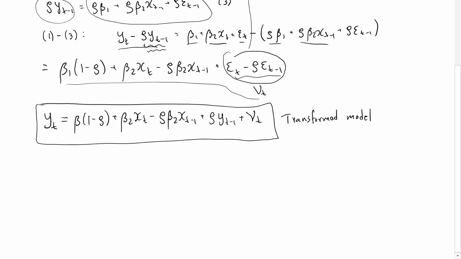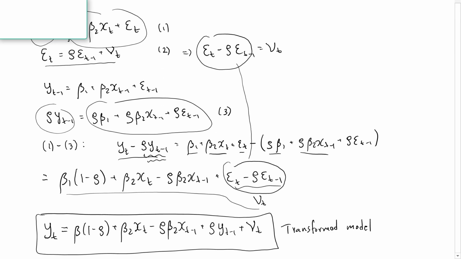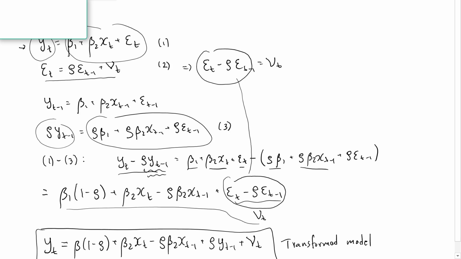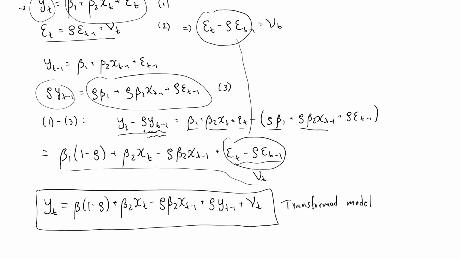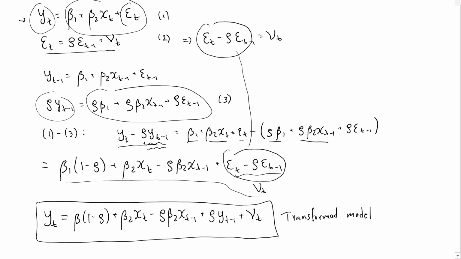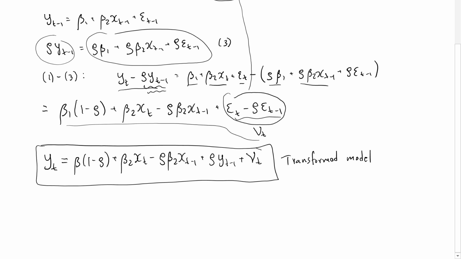So what have we gained from moving from the original model, this one, to the transformed model? Well, the answer is that we have a new error term. In the original model, the error term was epsilon t, which was autocorrelated. In the transformed model, the error term is nu t, which is white noise. The error terms satisfy all the Gauss-Markov conditions.